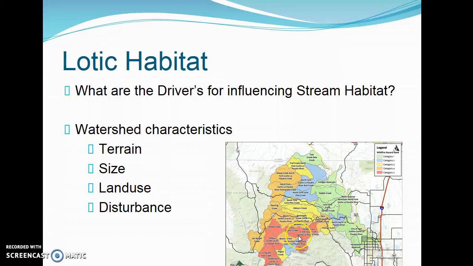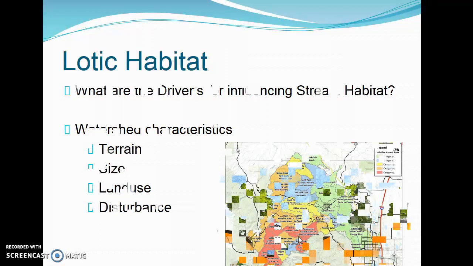So the areas in red here, after the fire, had a higher amount of damage to the soil and vegetation, which could increase the amount of sedimentation entering the Poudre River and therefore affect the water quality for Fort Collins. So we have different ways of prioritizing these sub-watersheds, and that's for another day's lesson.